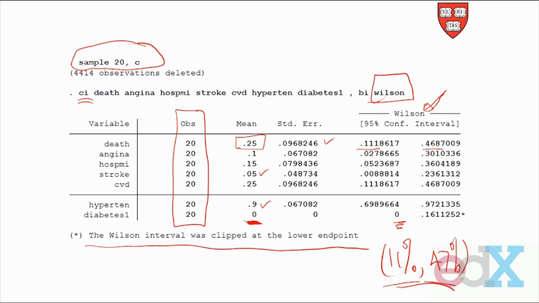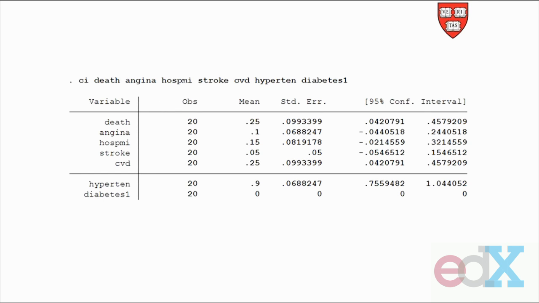Now, had we not asked for Wilson, what we would have gotten was the exact. So this is the default. I didn't ask for anything, so the default is to get the exact. Now, this is a bit of a misnomer, exact. It's a sales pitch so that it makes it sound more precise than it really is.